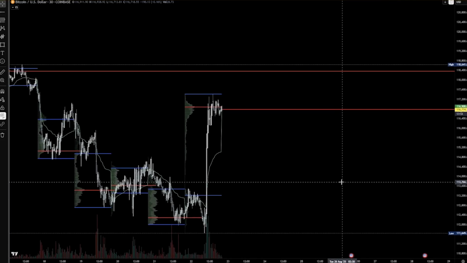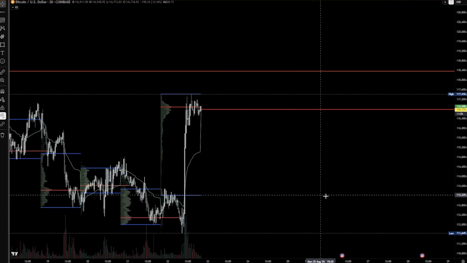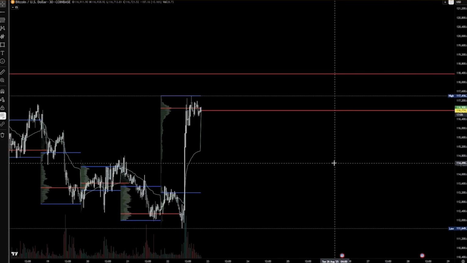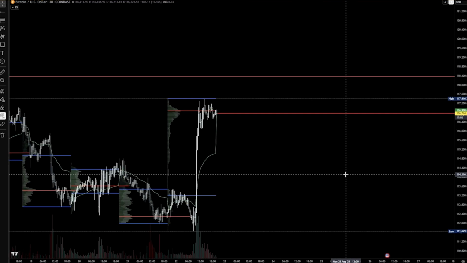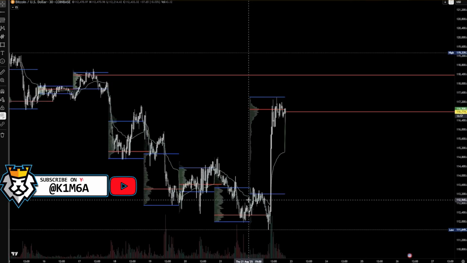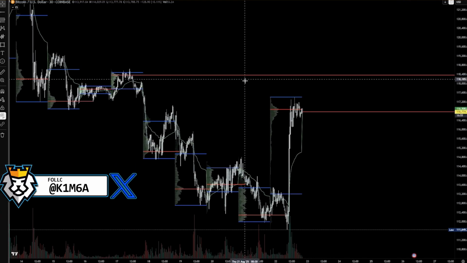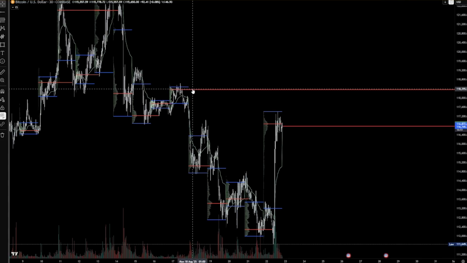I like closes outside of value as well. You know, a little bit of confirmation. Yeah, those POCs are very strong. You're absolutely right.